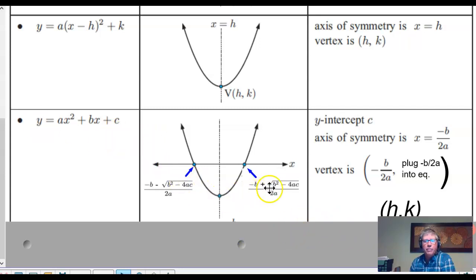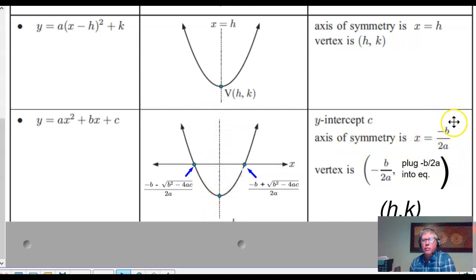We developed the quadratic formula yesterday, and if I plug in my A, B, and C, I definitely get those 2 points. I'm going to throw out, we didn't talk about it that much yesterday, there's a little formula for the x coordinate of the vertex, which is also the axis of symmetry. The axis of symmetry is a line, so it has to have an equation, x equals.